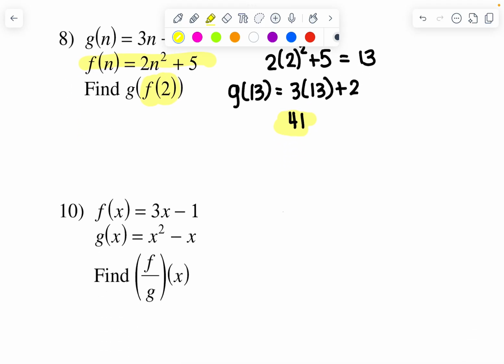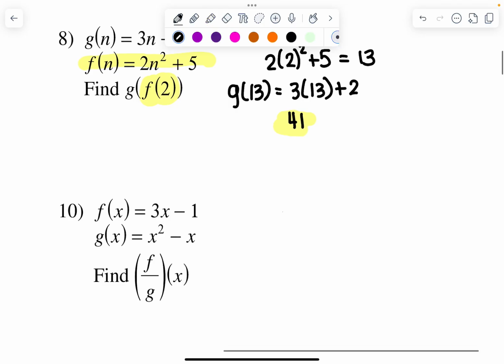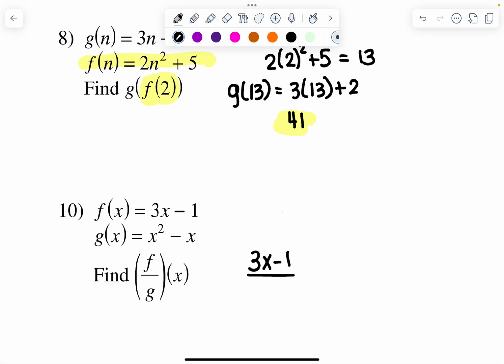All right, number 10, find f divided by g of x. Well, it didn't give us a variable, so all we're doing is just putting f over g because we already have x. They didn't give us a number. So it's just 3x minus 1 divided by x squared minus x.